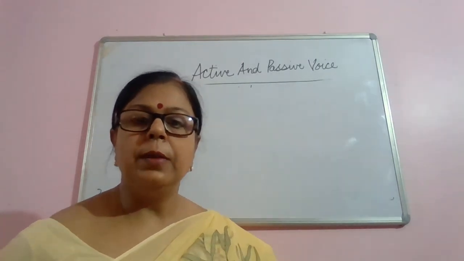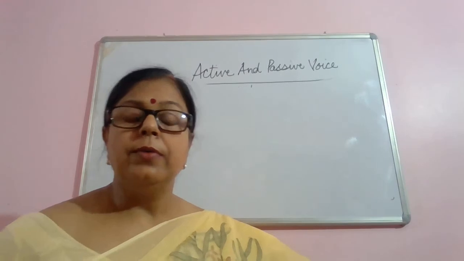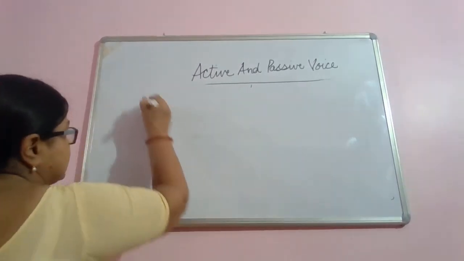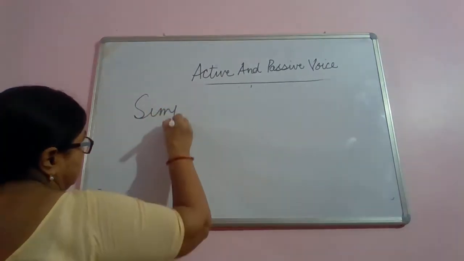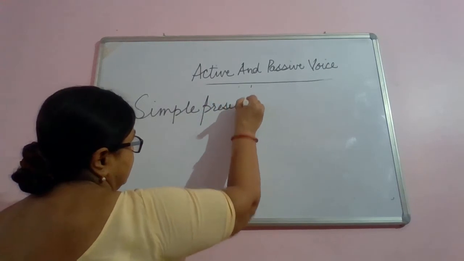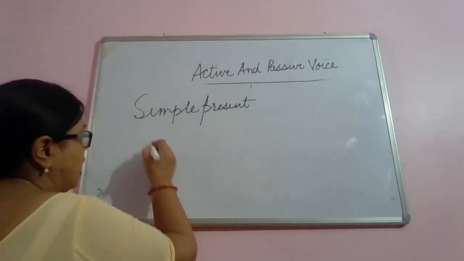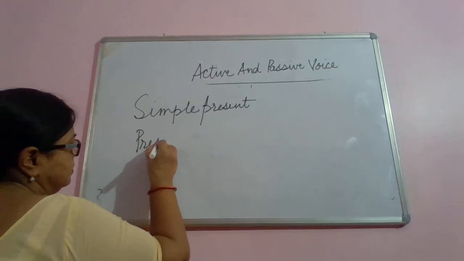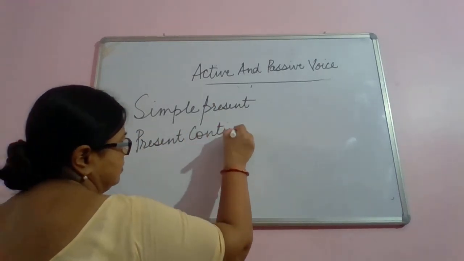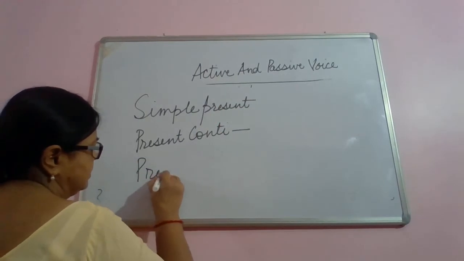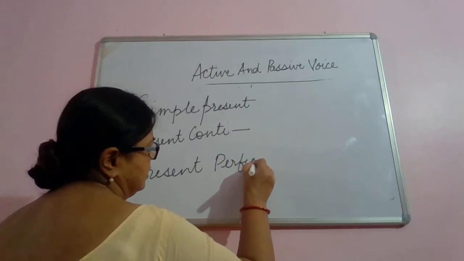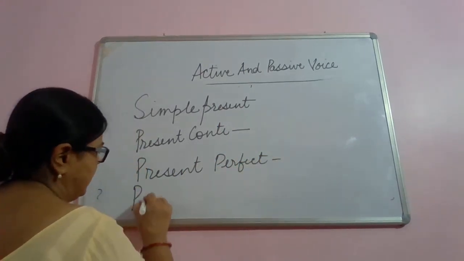Now, the present tense first. Present tense has got four forms. What are they? Simple present, present continuous, present perfect, and present perfect continuous.